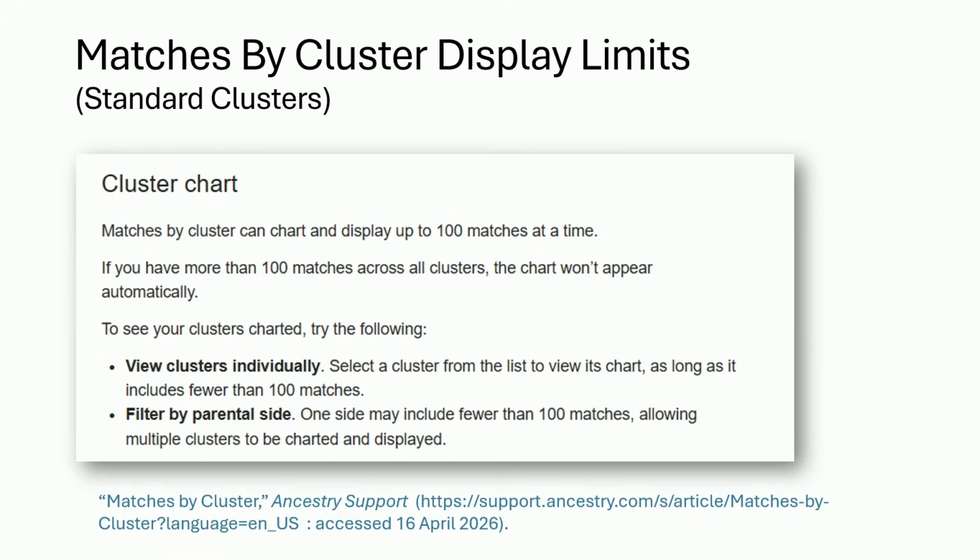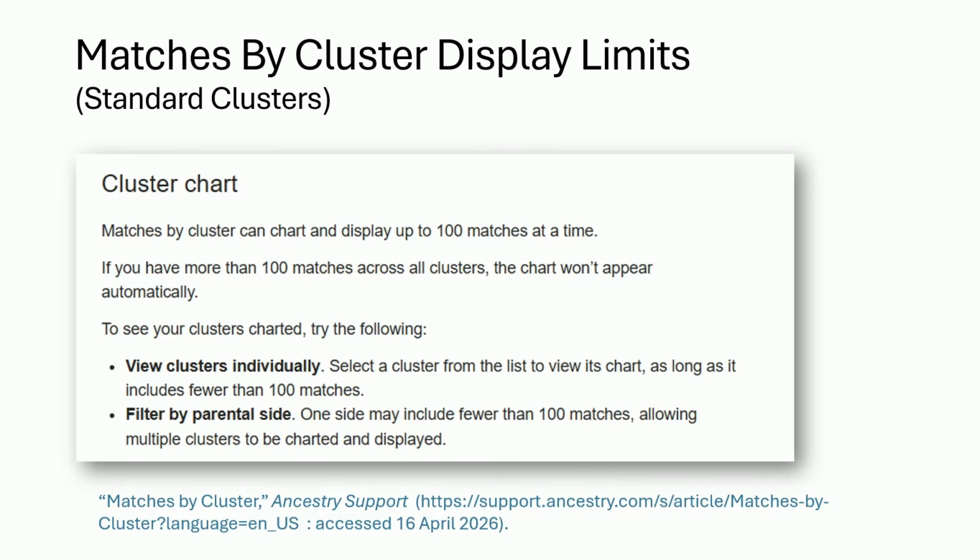There are some limits with how many matches can be displayed in the matches by cluster view in the cluster chart. And in this help article, it talks about how matches by cluster can display up to 100 matches at a time. And if you have more than 100 matches across all clusters, the chart view won't appear automatically and you have to see the clusters individually or filter by the parental side, so maternal or paternal.